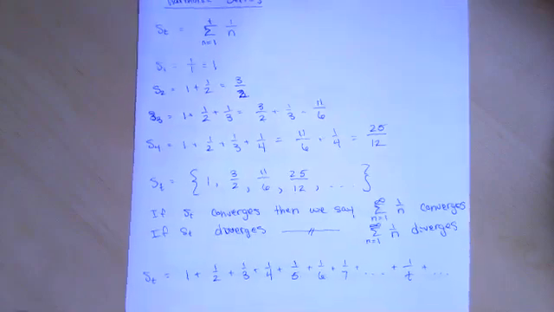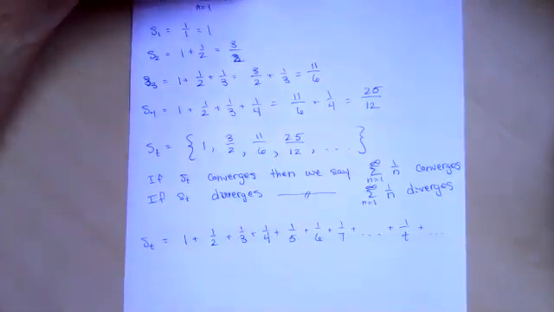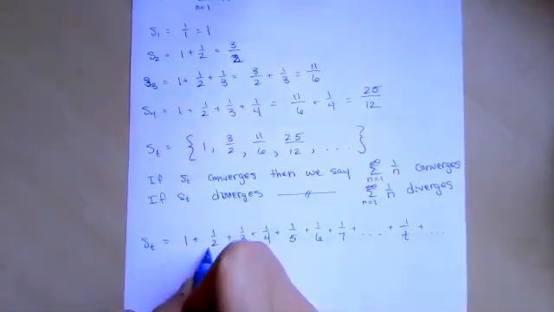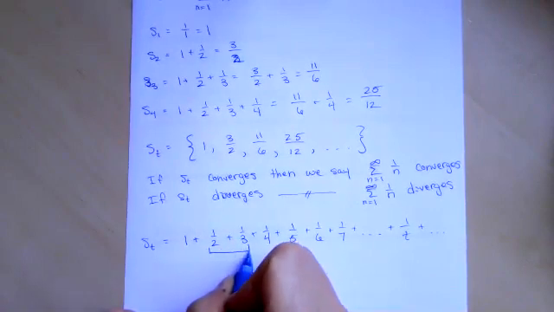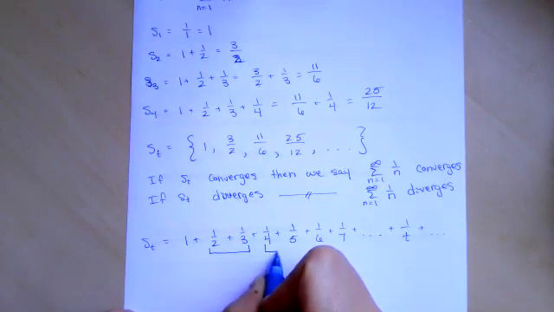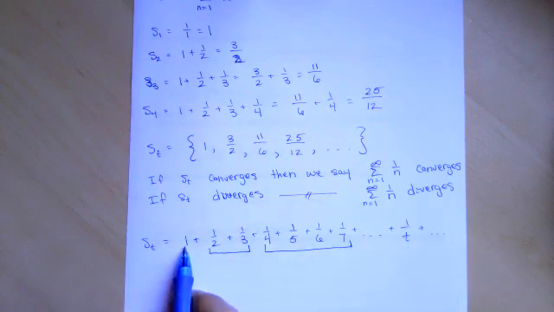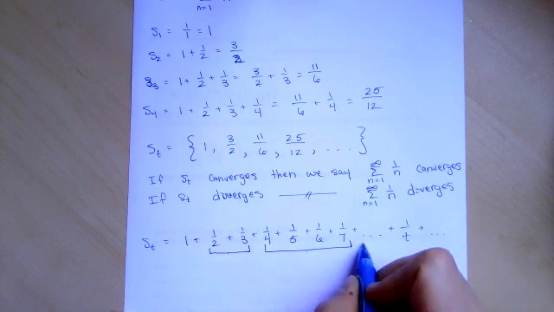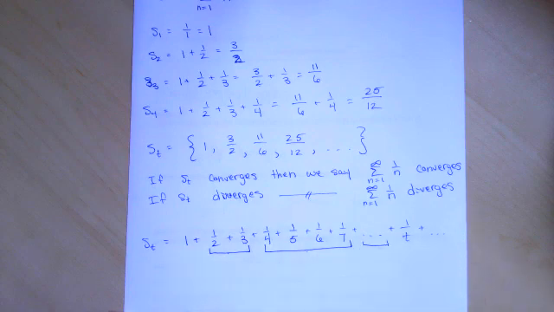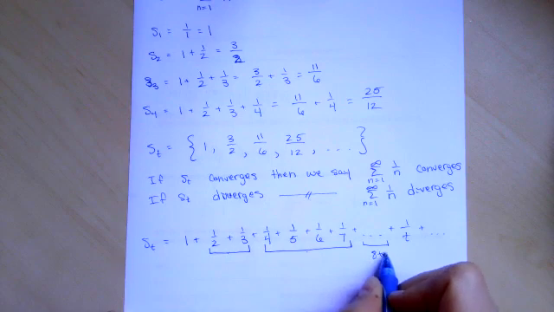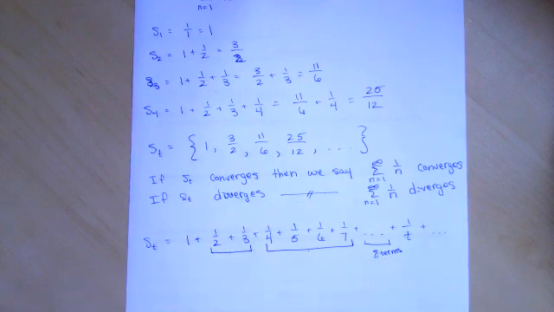And so what is going on with this? We want to group powers of 2 number of terms. So the first term, the next 2 terms, the next 4 terms. The next one would be the next 8 terms, starting with 1/8.